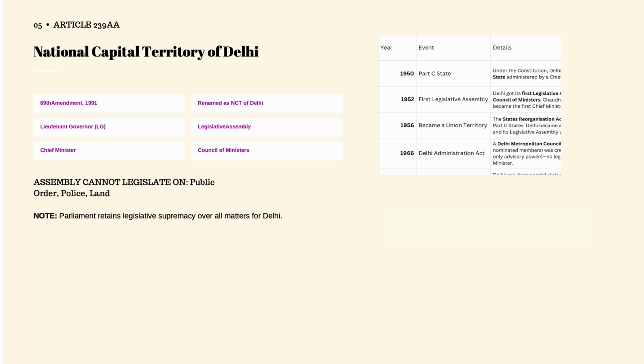When Delhi became a union territory in 1956, it had a legislative assembly, but eventually it was removed, and only in the year 1993 it came back, with new functions and powers. So the new version of the Legislative Assembly of Delhi was created in 1993. The old version was created in 1956.